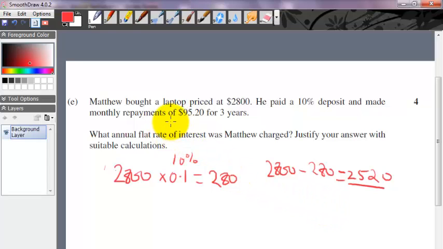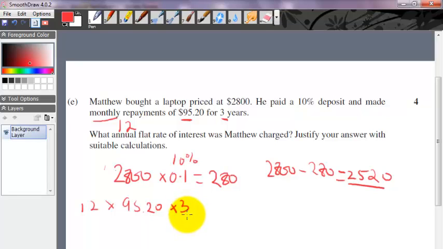He is paying monthly repayments. How many months in a year? 12. So monthly repayments are 12 repayments of $95.20 for 3 years. Cool? So he's paying 12 times 95.20 times by 3.